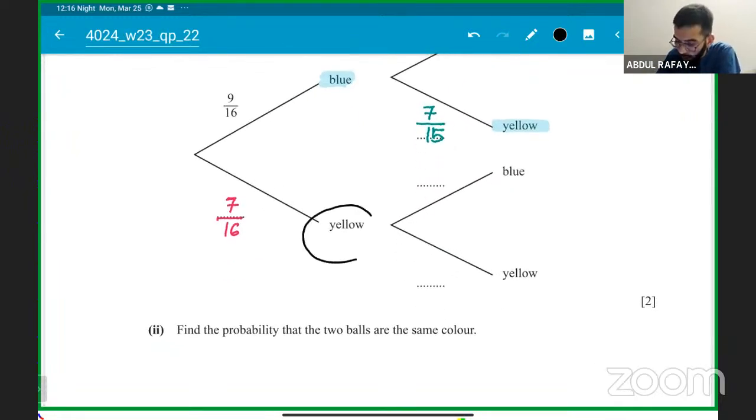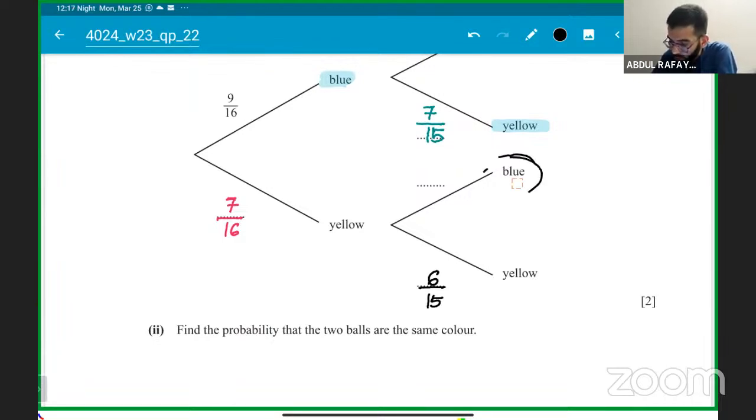Okay, so if you take the first ball yellow and the second ball yellow as well, one denominator gets less, because one yellow ball is already taken. Out of the seven yellow balls, one yellow ball is already taken, so you are left with only six options for the yellow balls. So this will be 6 over 15.